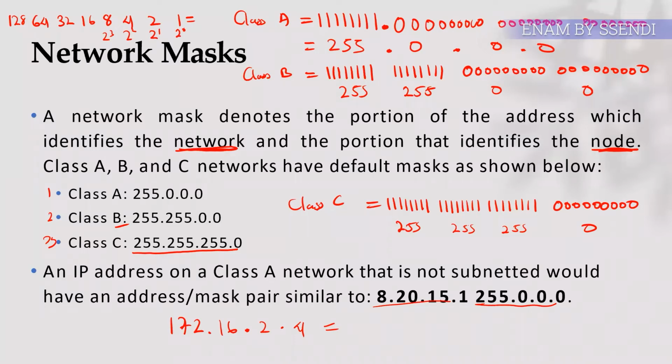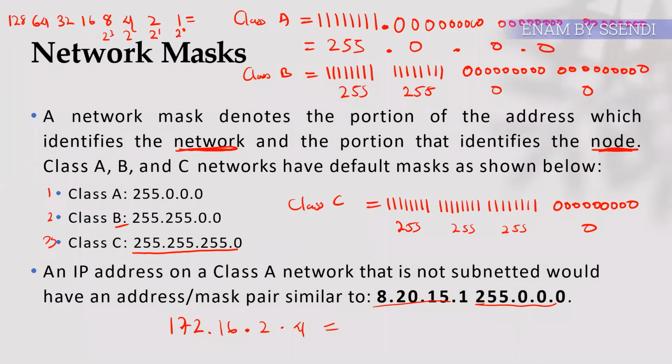Yes, Thomas, your hand is up. I think it belongs to class B, and the reason being that it has 16 bits. Very well, because 172 falls under class B, just like what Thomas has said.